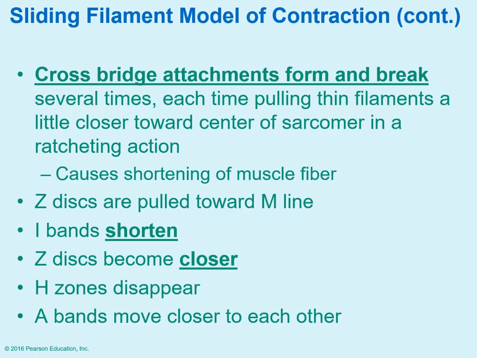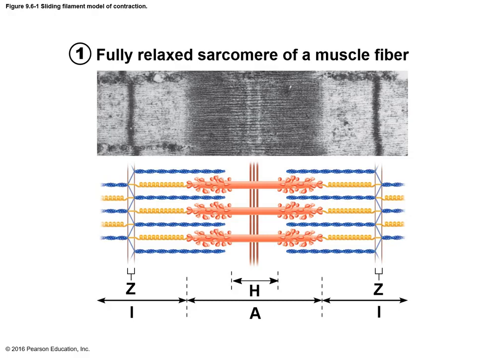It's going to release, and then it's going to bind to the next active site. Cock, push, release, recock. We're going to see that. So it's what we call the sliding filament. You have the two fibers sliding past each other. So the I bands are going to shorten, and the Z discs get closer as that contraction takes place.